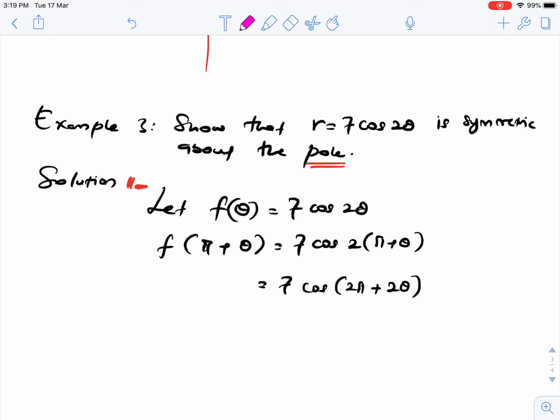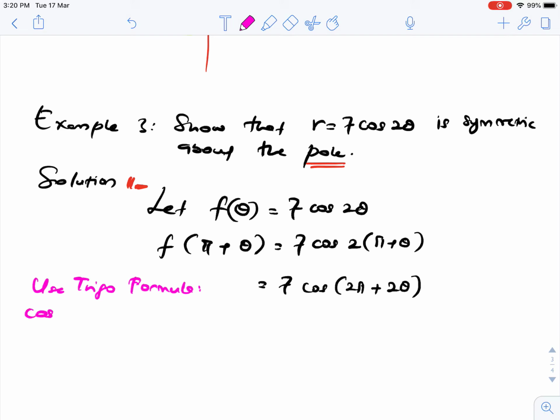Okay, now again we need to use the trigonometric formula. Now we have cos.